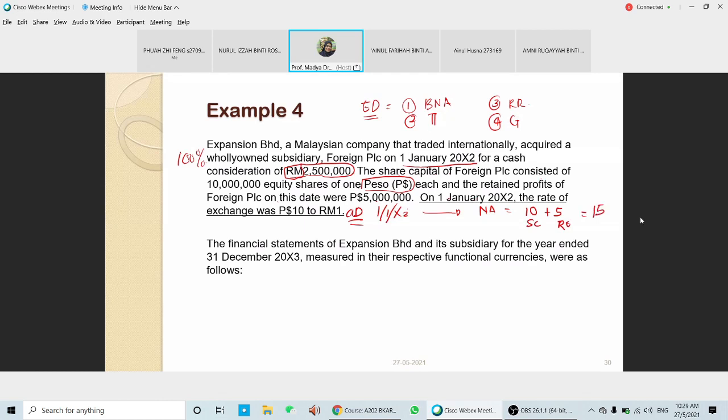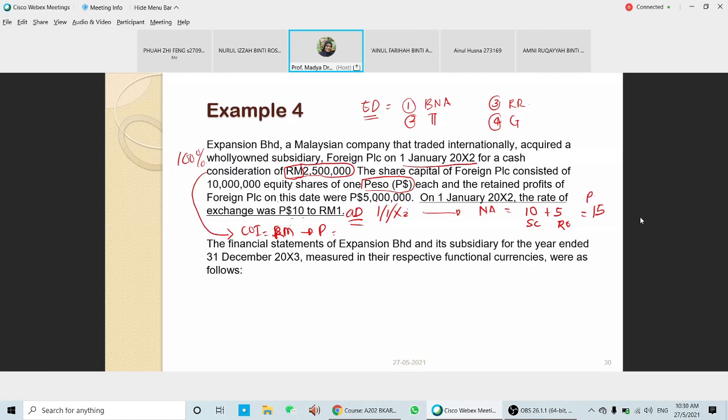And on that date, X2, the exchange rate was 10 peso to 1 ringgit. 1 ringgit is equal to 10 peso. Remember that your COI here is in RM. Now you need to translate this one because the amount of share capital and the RE here is in peso, so you need to translate from ringgit Malaysia to peso. So 1 ringgit Malaysia is equal to 10 peso.